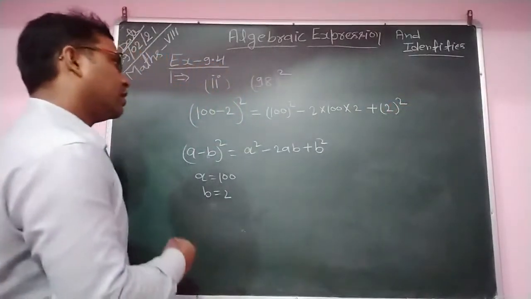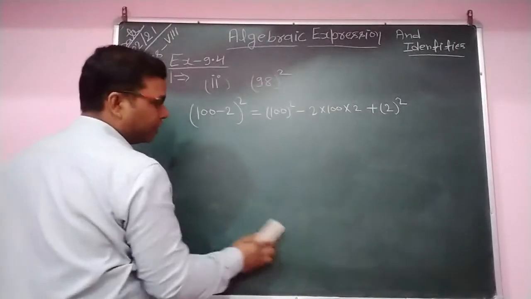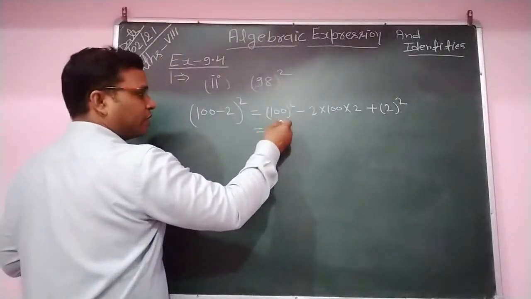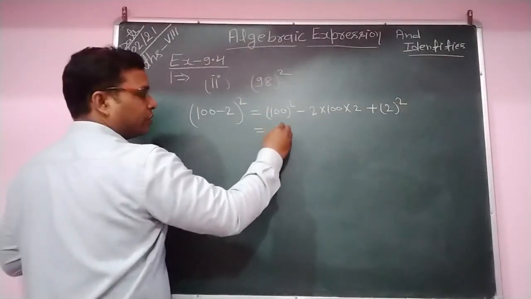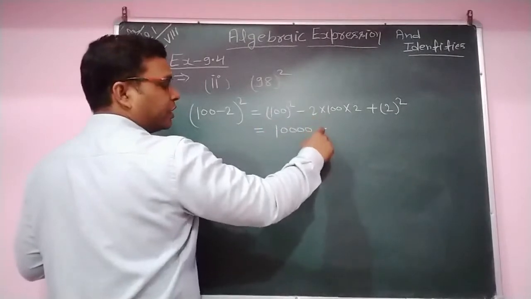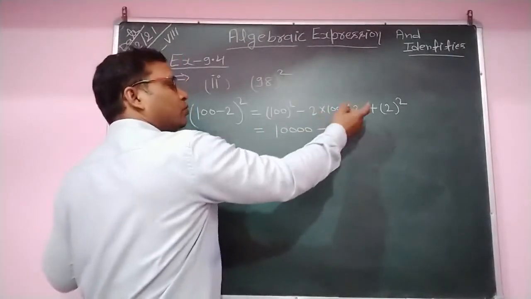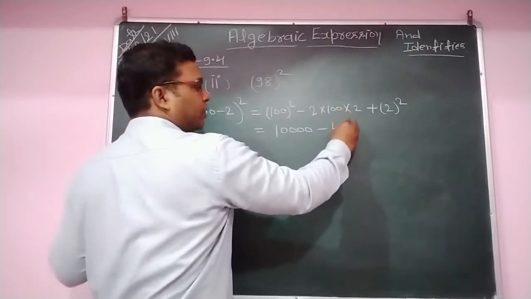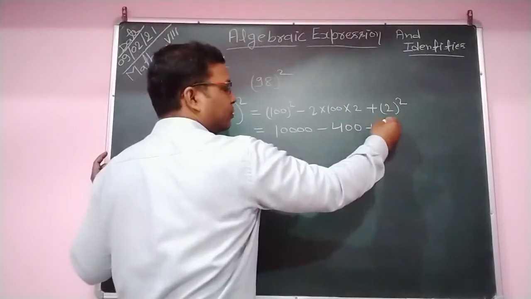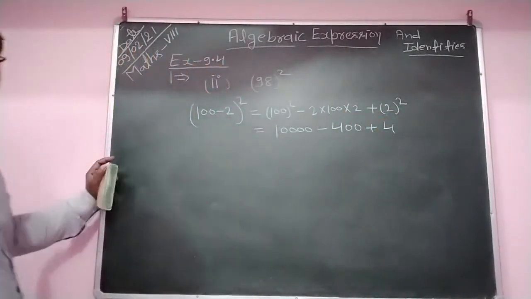This is clear. So you can simplify it. Square of 100 is 10,000. Now minus, we write as it is, 2 into 100 is 200, 200 into 2 is 400. Plus the square of 2, which is equal to 4.